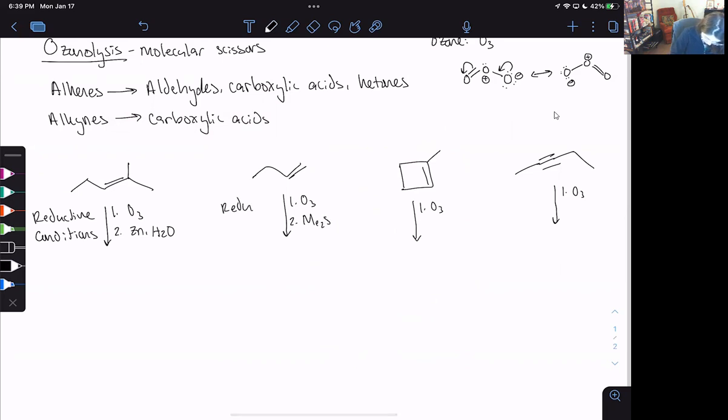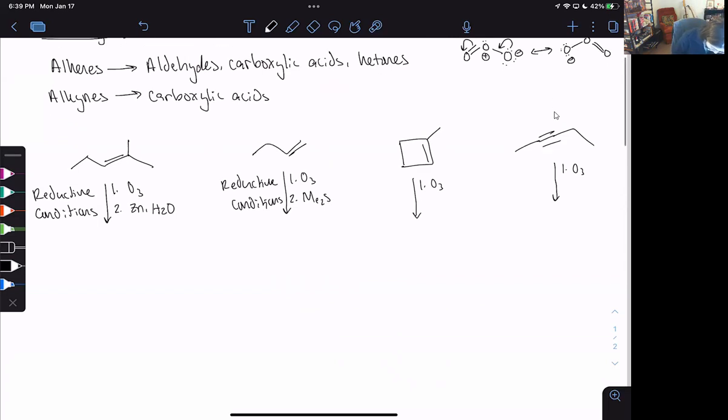So we've got 2 options for reductive conditions. Both of those are going to give us aldehydes and ketones. So we're going to get aldehydes and ketones out of both of these.